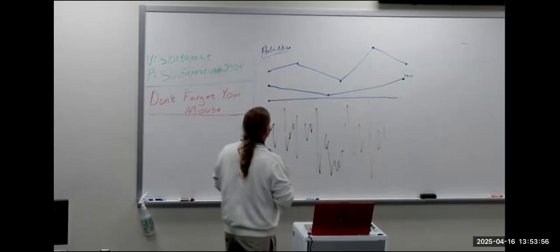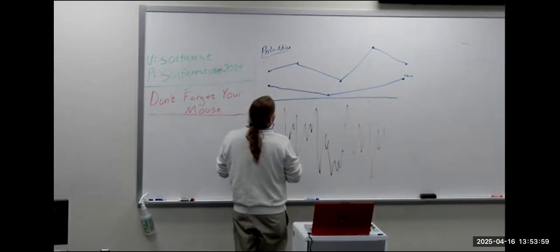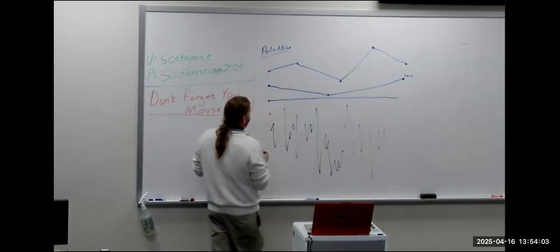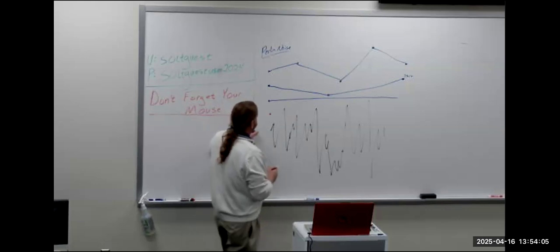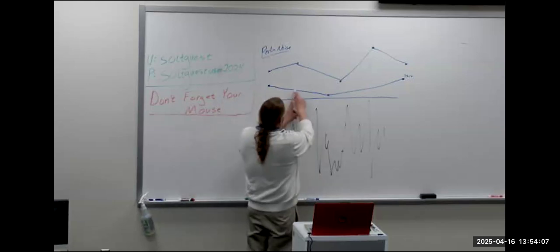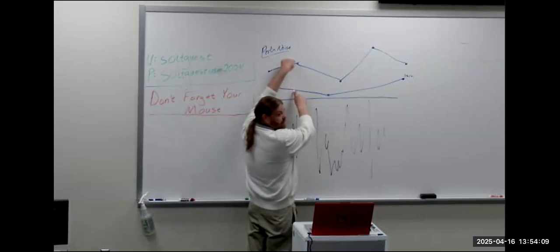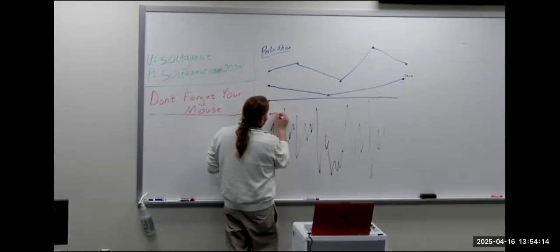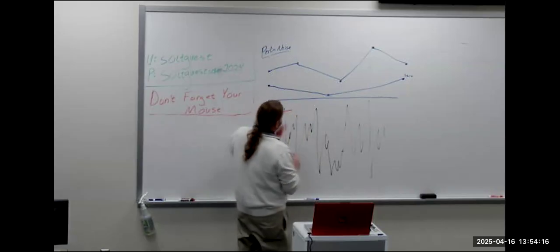I'm running out of room up there, so I'll do it in red down below. So we started in the middle, and then at this point, it's down a little, and then up quite a bit. So those would average to just coming up just a little bit.